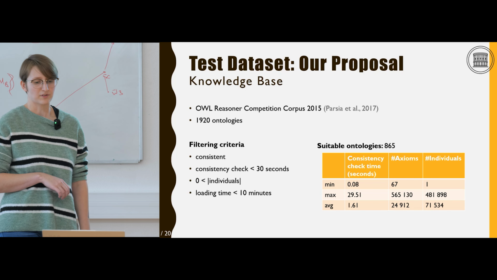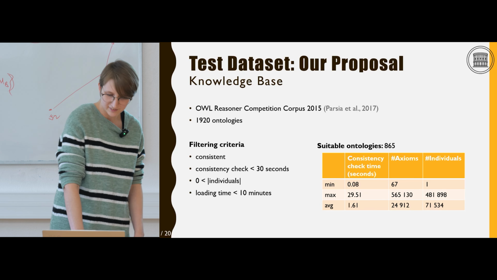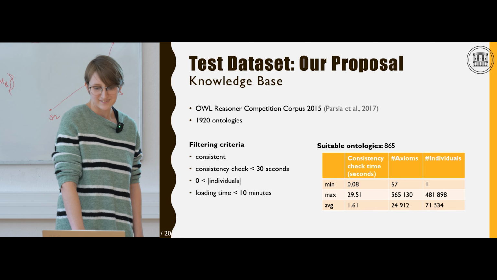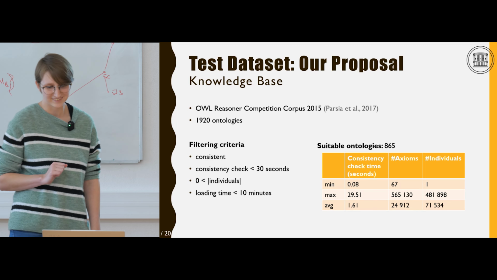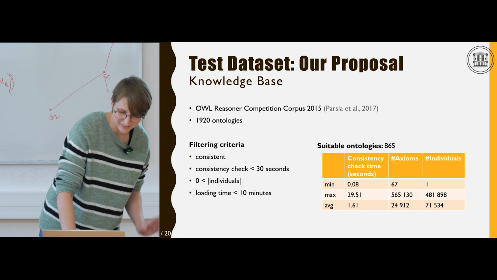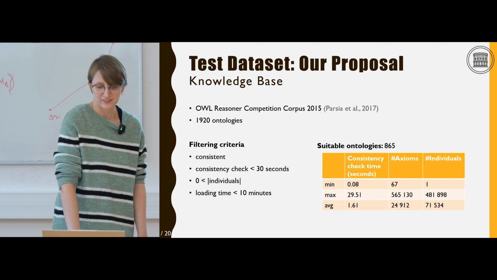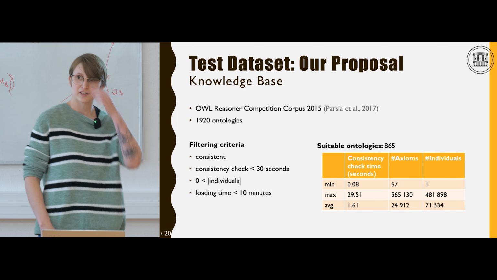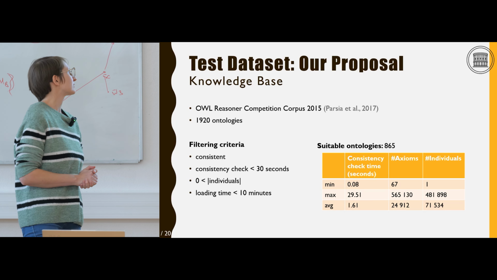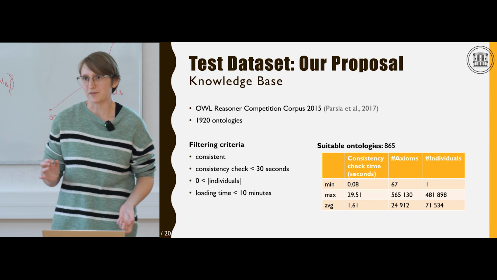And when it comes to consistency check, the minimum is less than a second, and the max is barely making it under 29 seconds. But the interesting thing is the average, which basically says that the majority of those ontologies take little time.